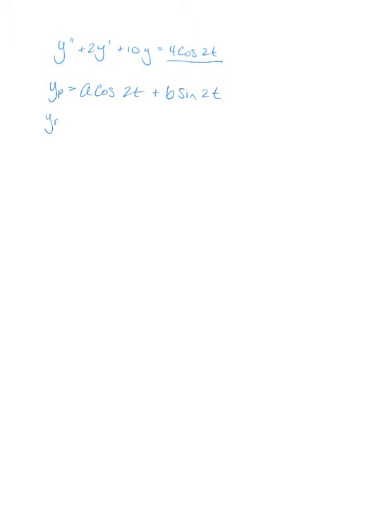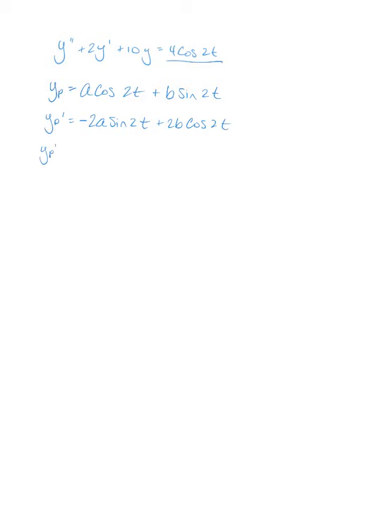So now I have to figure out y particular prime and double prime, plug in, solve for a and b. So the derivative of cosine is negative sine. And then I've also got the chain rule here. So this is going to be negative 2a sine 2t. The derivative of sine is cosine. So this is going to be plus 2b cosine 2t.